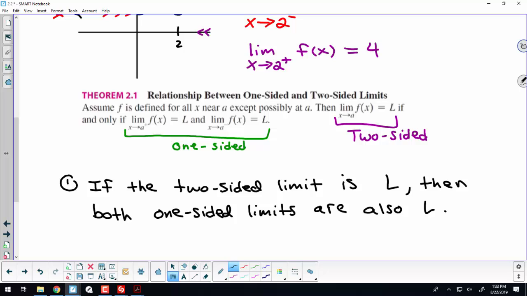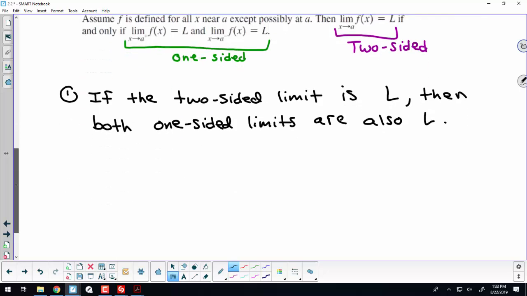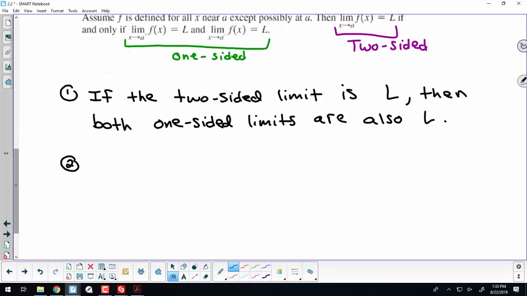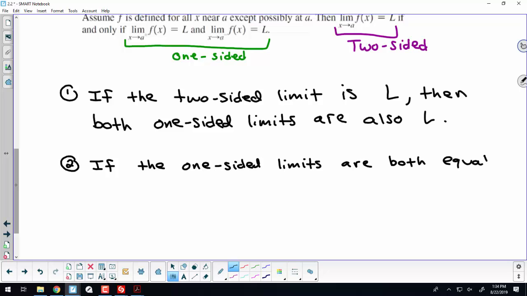Then we can take that statement and flip it around. So another way to interpret that, which is equivalent to what we're saying here, is if the one-sided limits are both equal to some finite number L, then we know what the two-sided limit is.